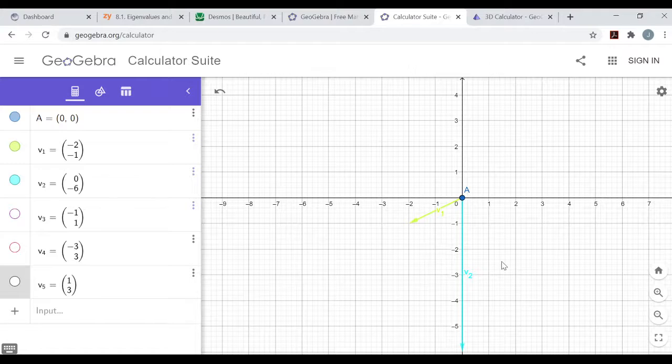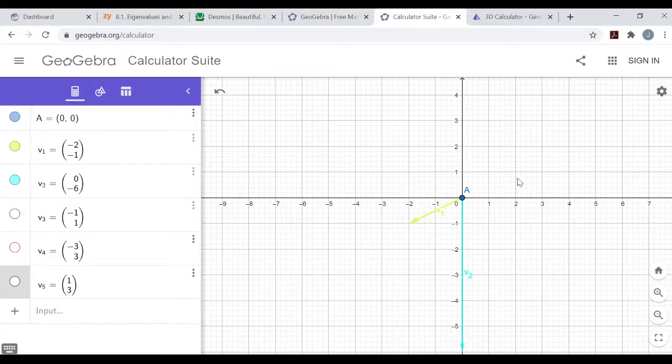So what we would say here is that v1 is not an eigenvector, because when I multiplied that matrix by v1, I got an output vector that wasn't a scalar multiple of v1. And remember, scalar multiples of vectors will point in the same direction or the opposite direction.